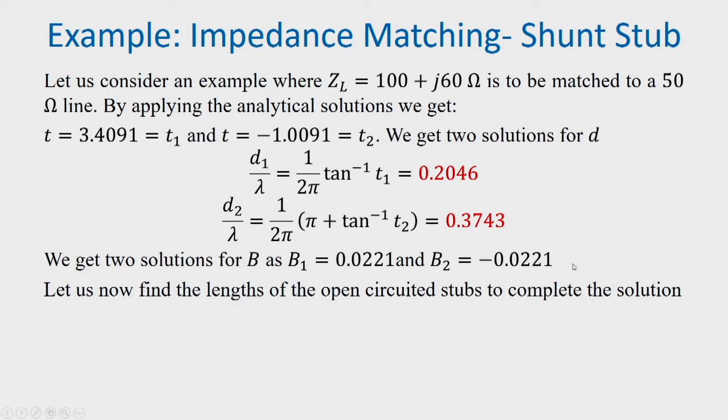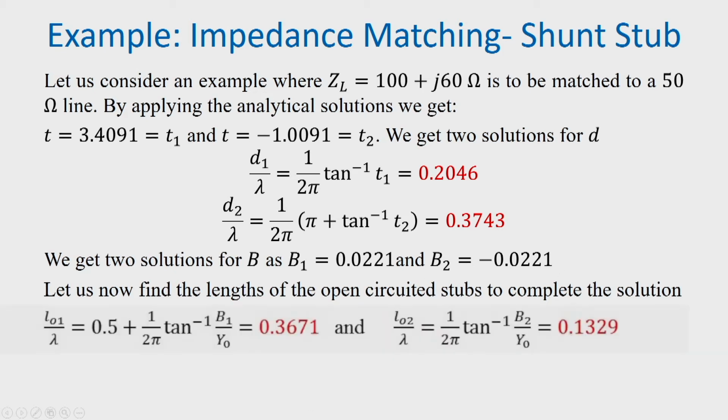Now, with these values, we can calculate the length of the open circuited stub. Two solutions are again possible. LO1 by lambda is 0.3671, and if you consider the other value B2, this tan inverse will come out to be negative, so we have to add lambda by 2. Here you note that we are calculating LO2 by lambda.